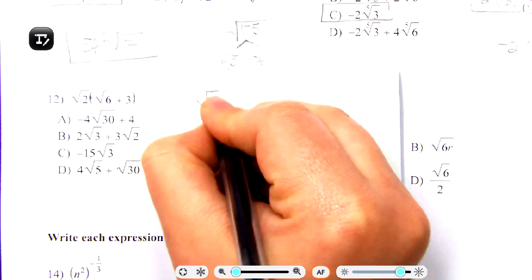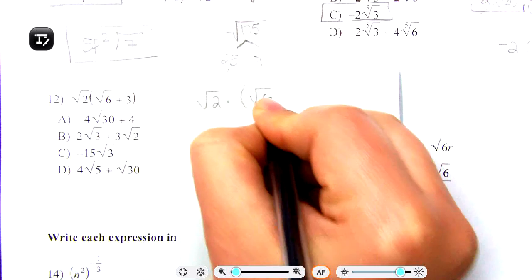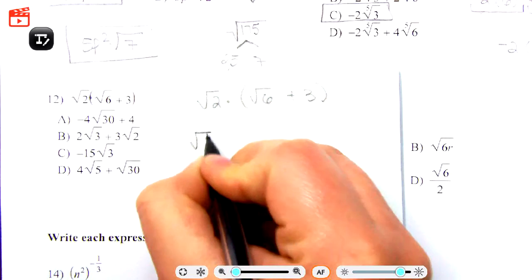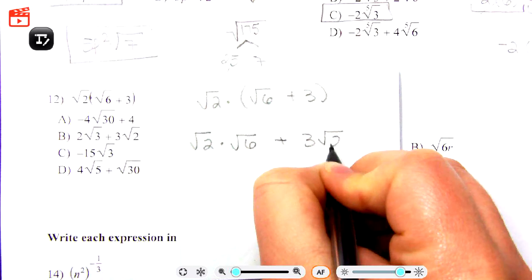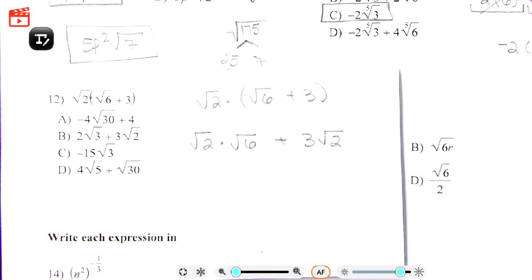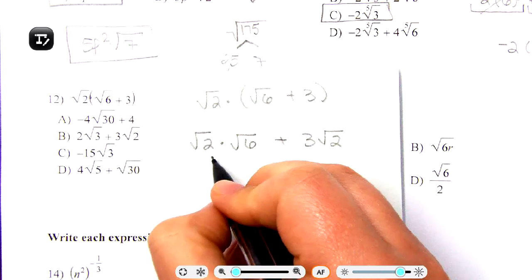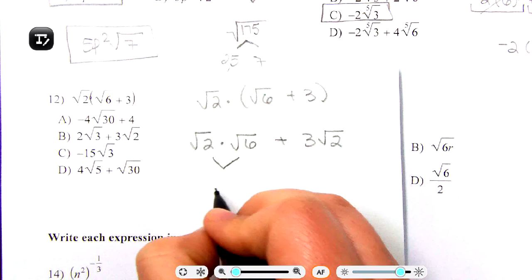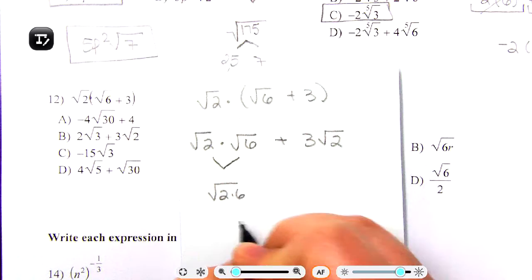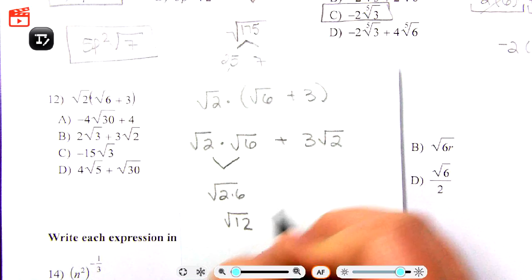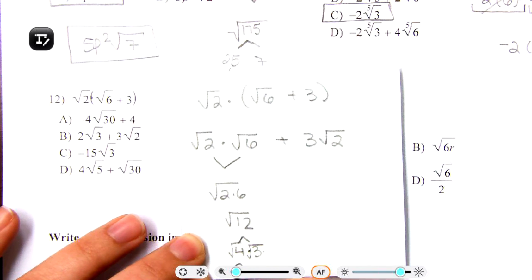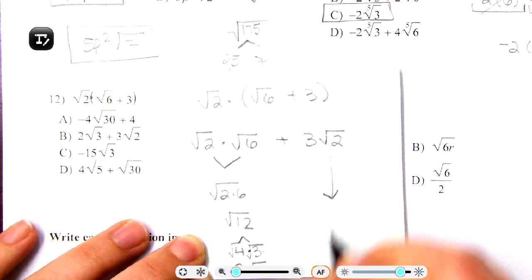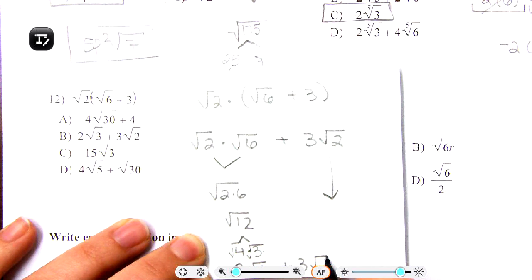Square root of 2 times square root of 6 plus 3 is the same thing as square root of 2 times square root of 6 plus 3 times the square root of 2. So instead of converting it to fractions, I'm going to leave it. Maybe we can do it: square root of 2 times 6, which is the square root of 12, which is the square root of 4 times 3, which is 2 root 3. And then we have plus 3 root 2.